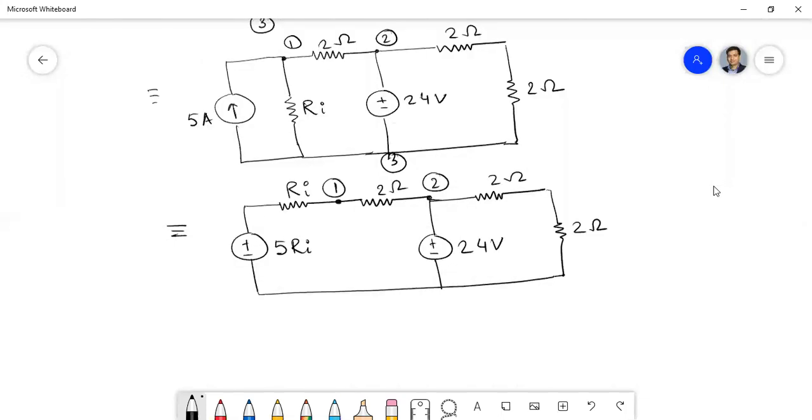Okay, so here we take the loop currents like this. So this is I1 and this is I2. Now I think you can write the loop equation, two loop equations. Quickly you write and tell me.